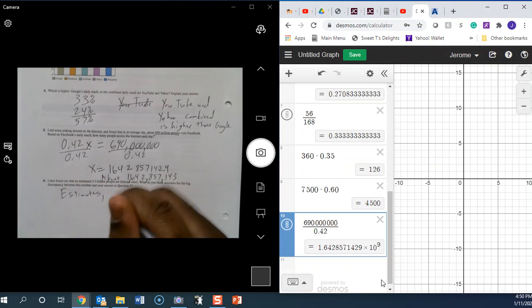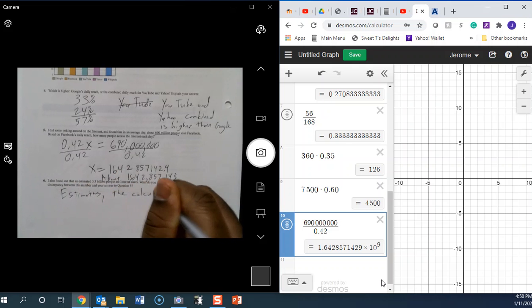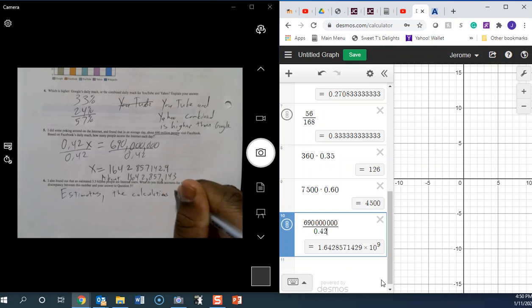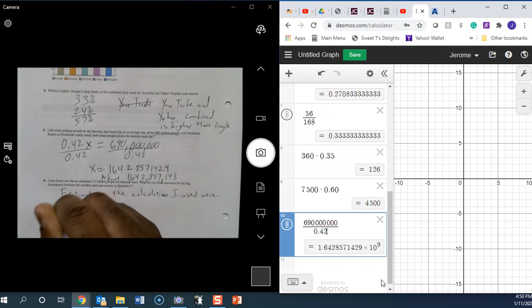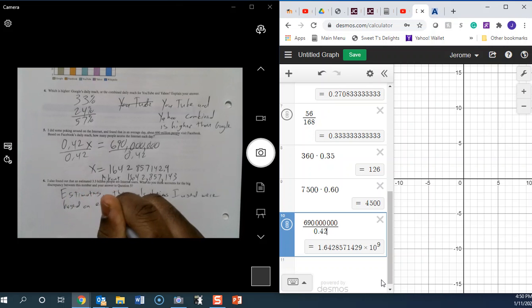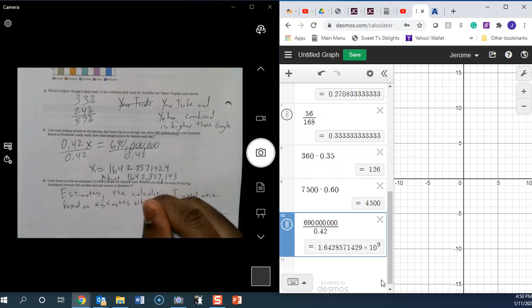The calculations I used were based on estimates, which gives varying answers.